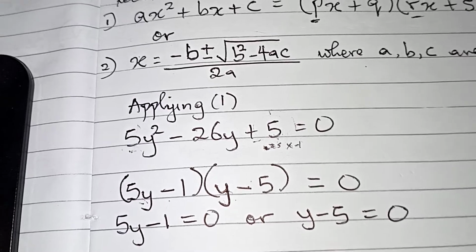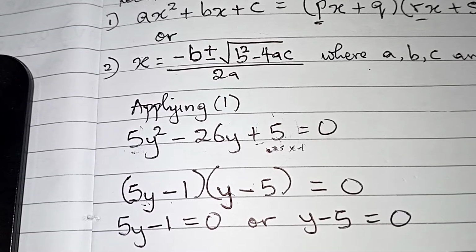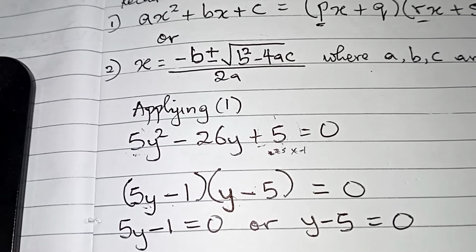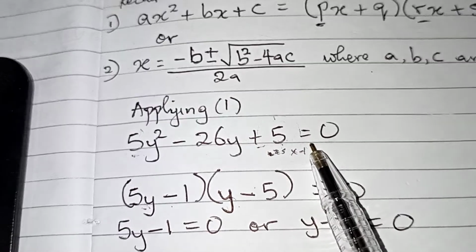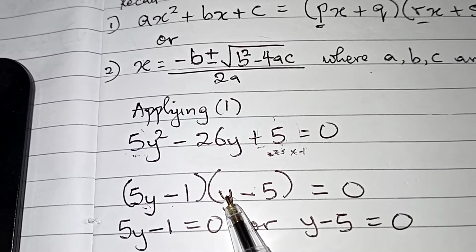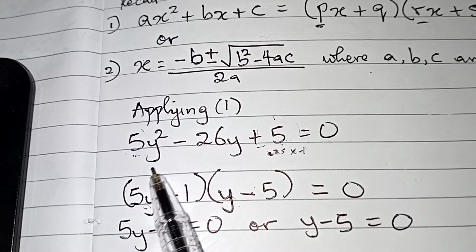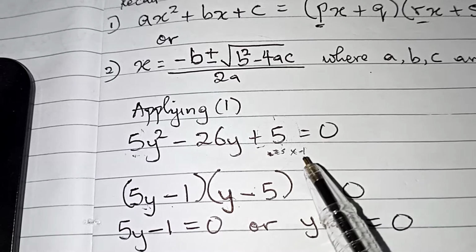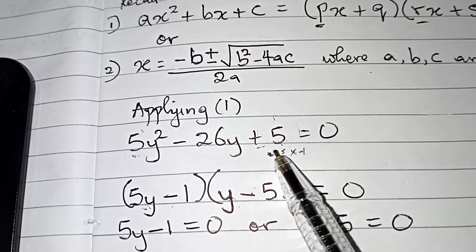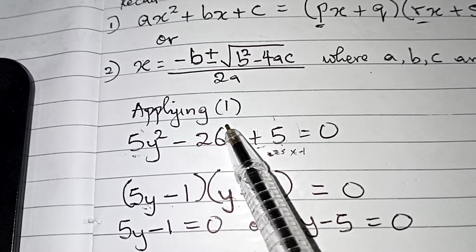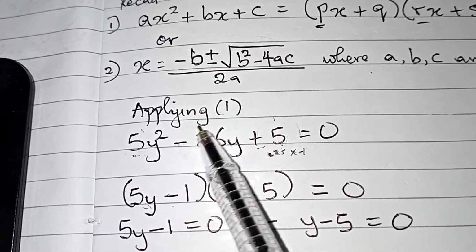If you wish to confirm how it is being done, just take your time to actually multiply or open the bracket. You discover you return back to this. So as I told you initially, this is 5y and y. When the two meet together, it will result to this. Y, for this last one, it's in your mind's eye, it is 25 that is here, and you use the 25 to determine whatever is here.